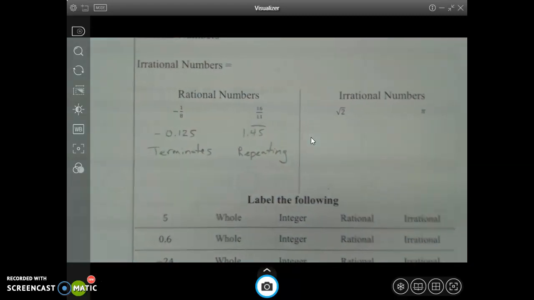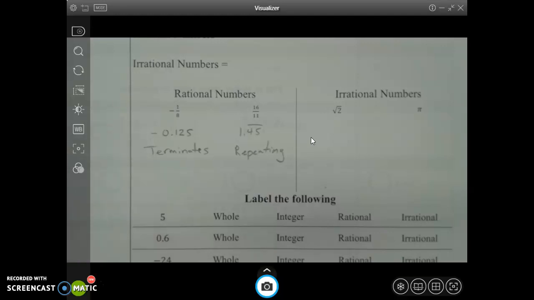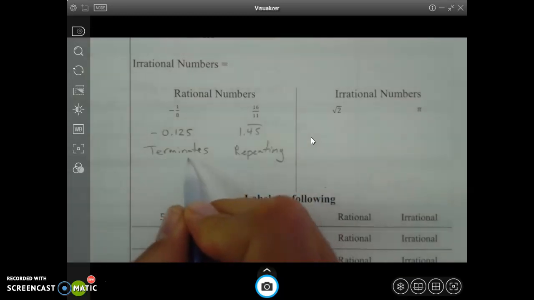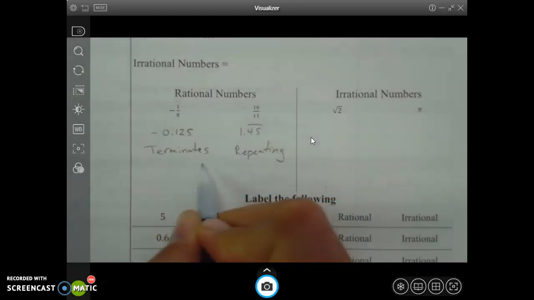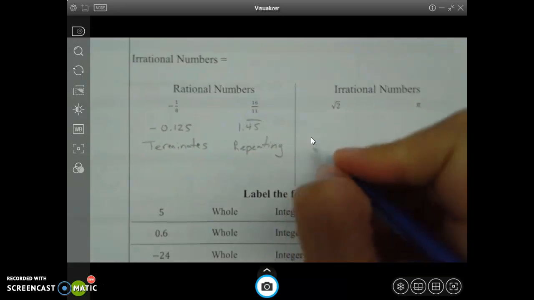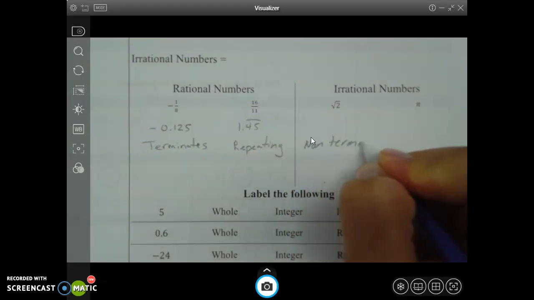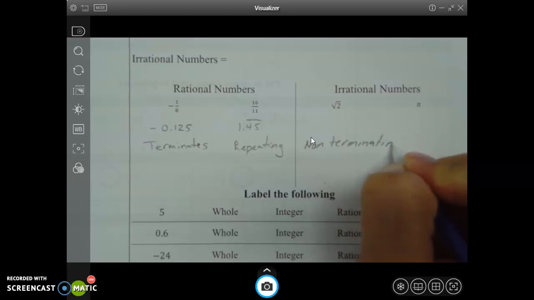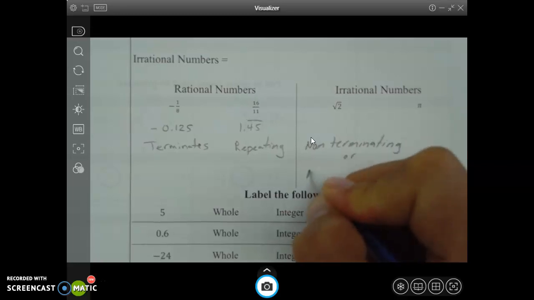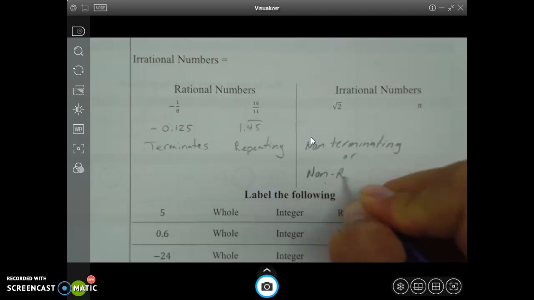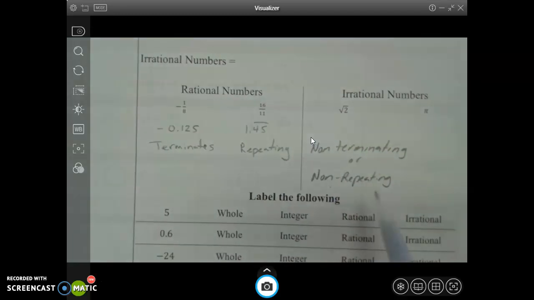Now, if it does not terminate or does not repeat, so non-terminating or non-repeating, I'll write those down, these would be irrational numbers, right?